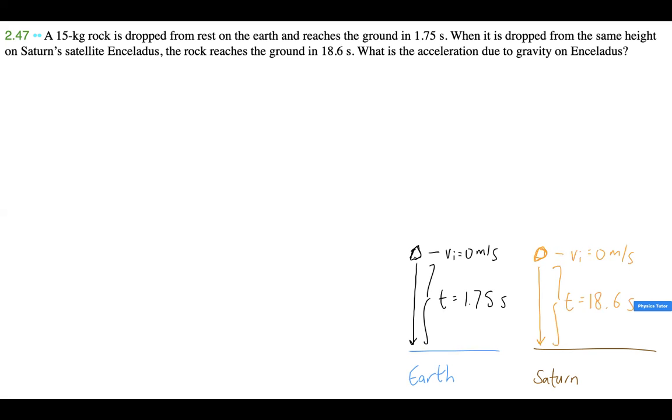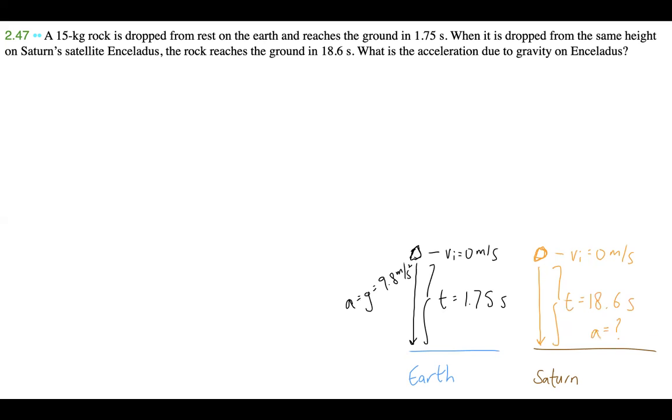So what is the acceleration due to gravity on Enceladus? One thing we should note is that on Earth, acceleration due to gravity is equal to 9.8 meters per second squared. What is the acceleration on Enceladus? That's what we want to figure out.